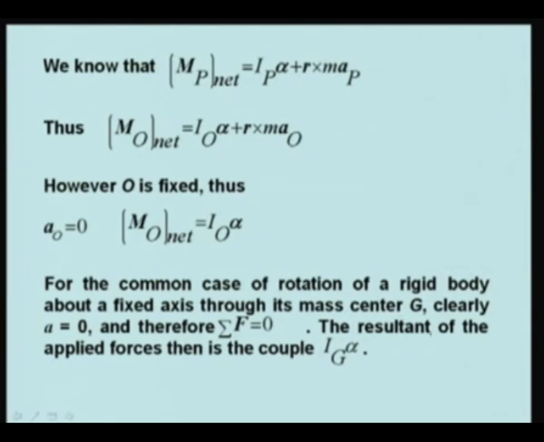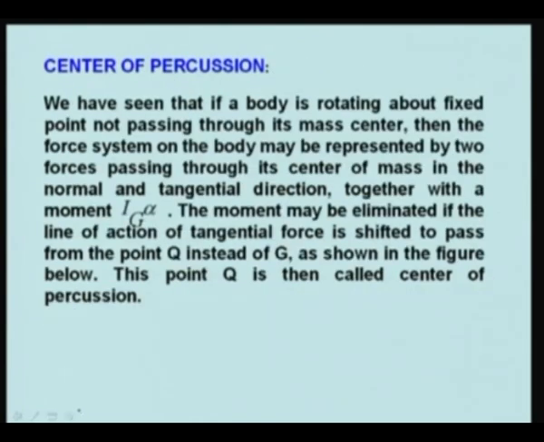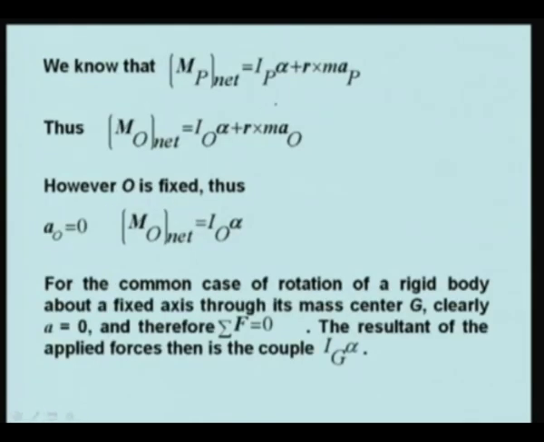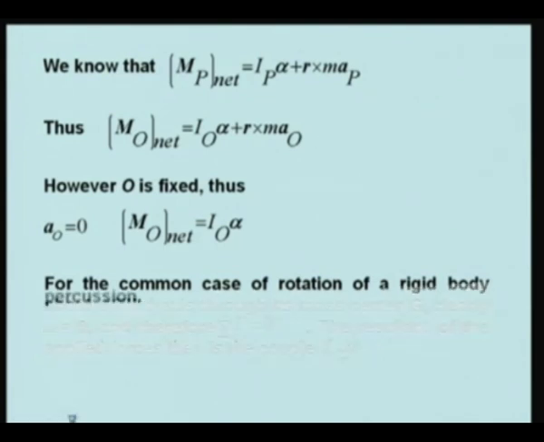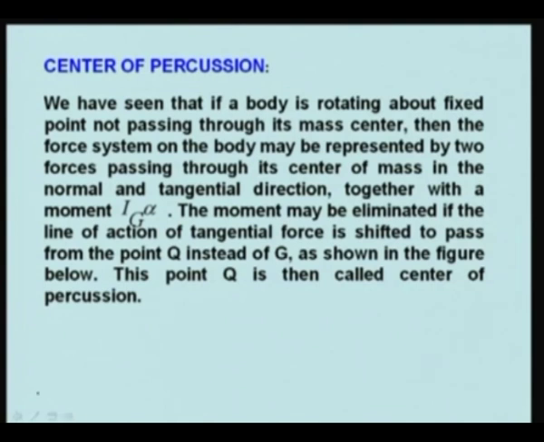Then the resultant of the applied forces is the couple IG times alpha. In that case it will be simply IG times alpha. So these equations can be used to study the rotation of a body. And now we are going to introduce one concept that is called the center of percussion. We talk about the center of percussion here.